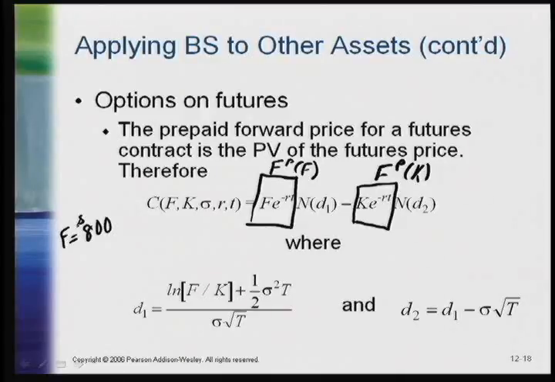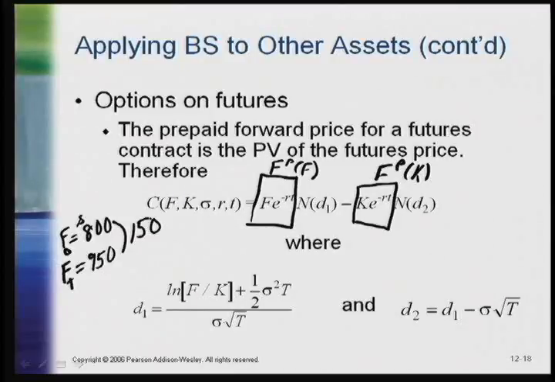The price I'm going to pay, F0, is 800, but when I accept delivery in my gold futures contract, I'm going to pay FT, and let's say it's 950. If I accept delivery, I pay 950, the futures price at that time, but in my margin account, because I was long, I have a $150 profit.